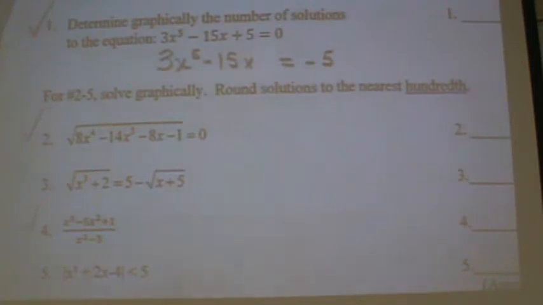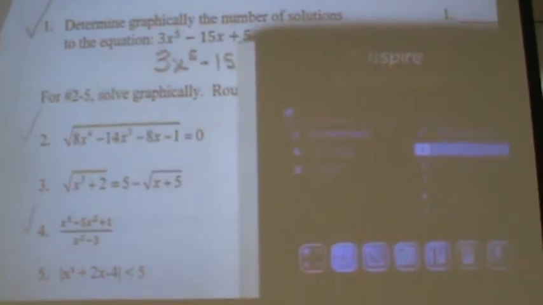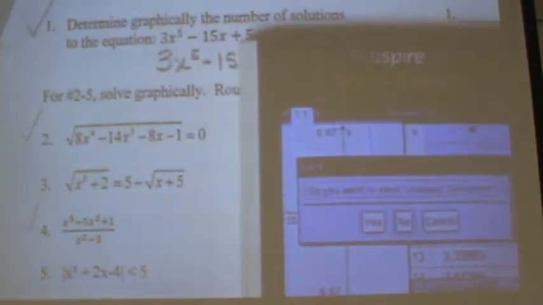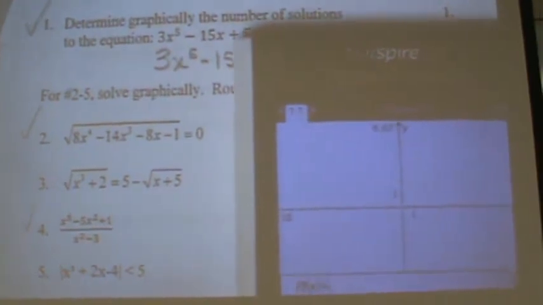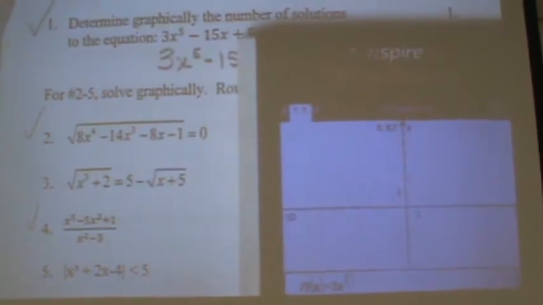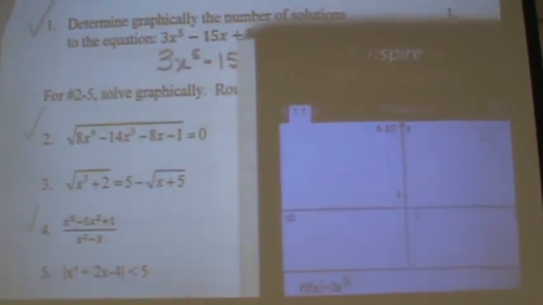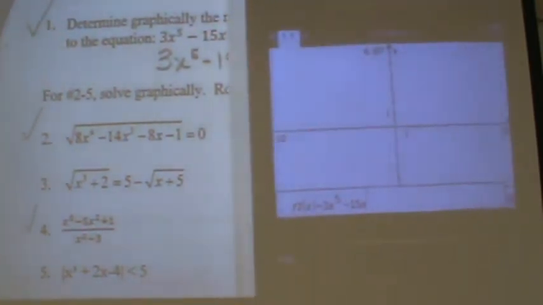So 3x raised to the 5th power minus 15x plus 5.